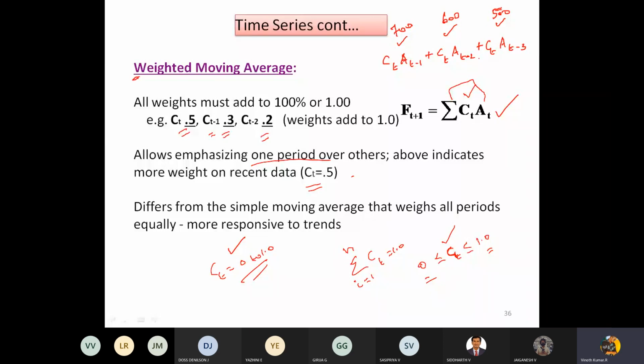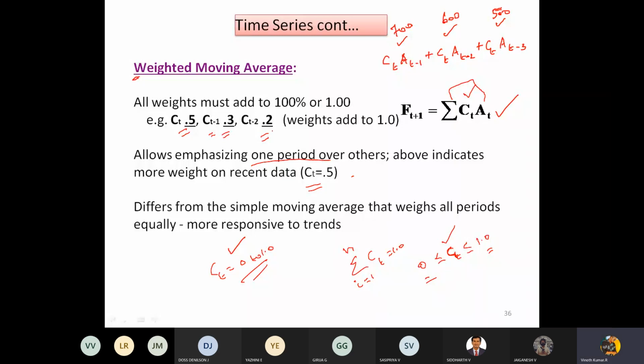Right. So these data you are going to take from the previous problem. So the unknown terms are C suffix t, and so on; it is not a constant value, right? As I told already, C suffix t is 0.5, t minus 1 is 0.3, and t minus 2 is 0.2, right?